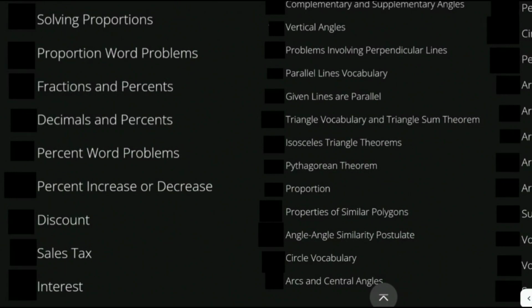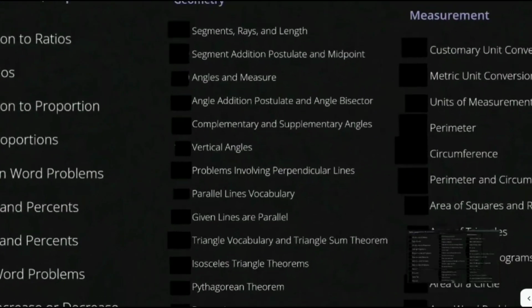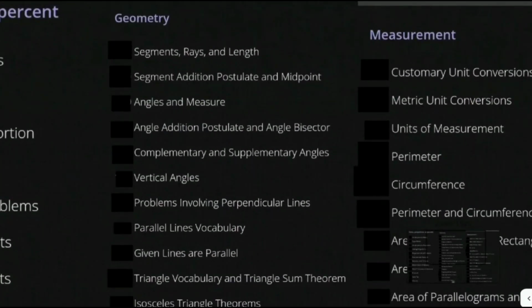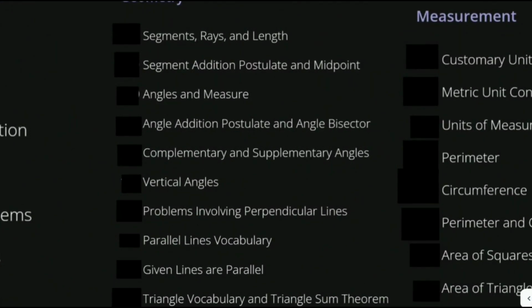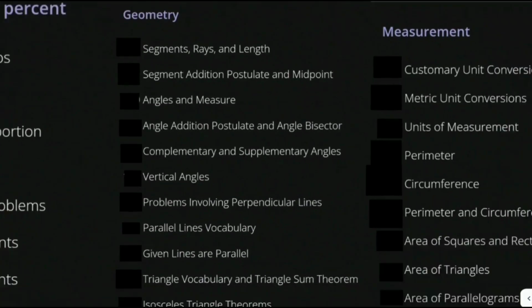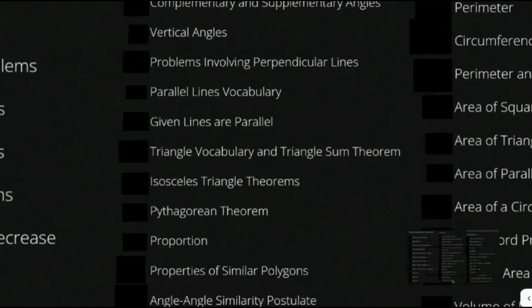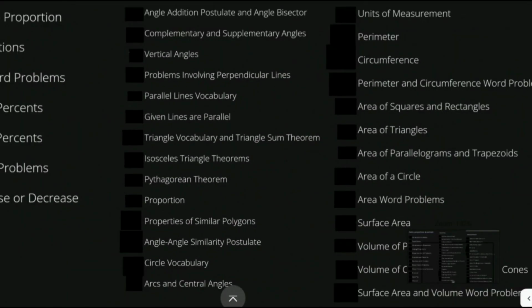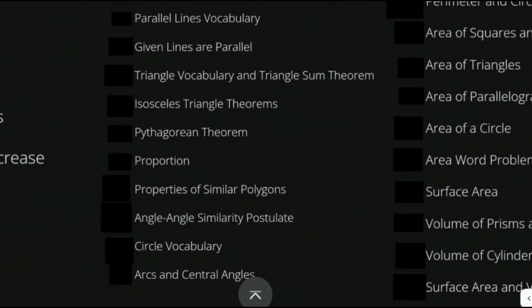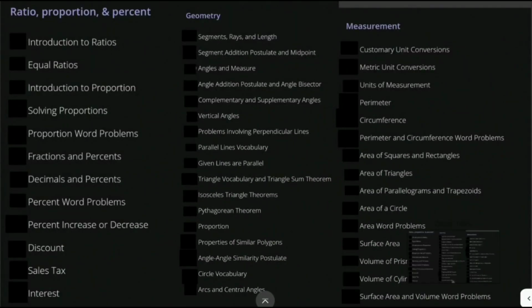That includes discount, sales tax, interest, percent increase or decrease. And under geometry, you need to review segments, rays, and length, angles and measure, complementary and supplementary angles, Pythagorean theorem, isosceles triangle theorems, polygons, circles, arcs, and central angles.